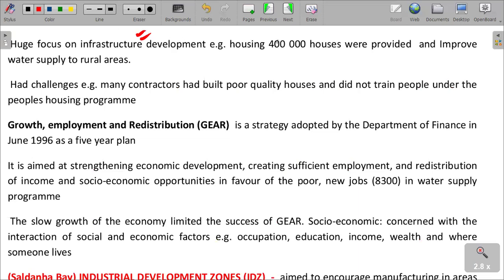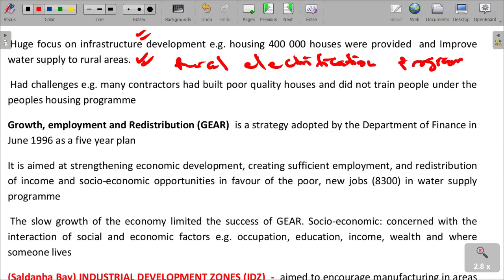For example, we talk about housing. 400,000 houses were provided and water supply in rural areas was improved. We have many places that still lack water supply. We talk about the rural electrification program, which is quite a good example in this regard.